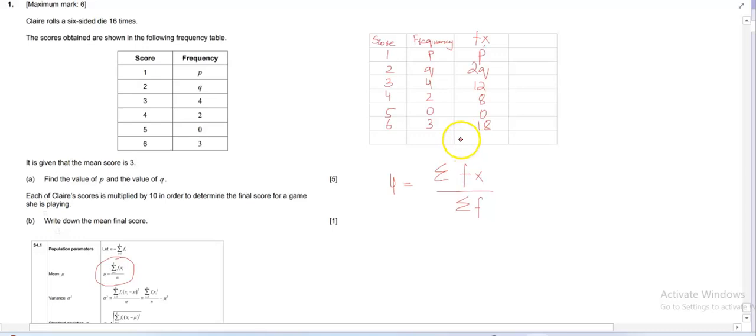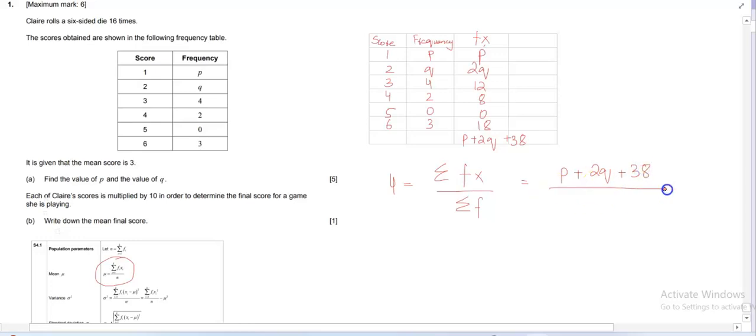So if we add these values together, this becomes p plus 2q, and along with that 20, because 12 plus 8 is 20, and 20 plus 18 is going to be 38, right? So this is going to be the value in the numerator, like p plus 2q plus 38.